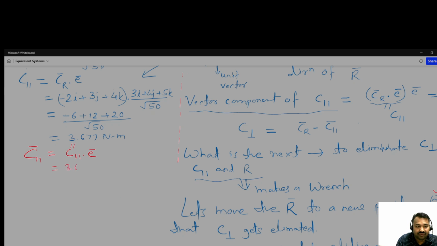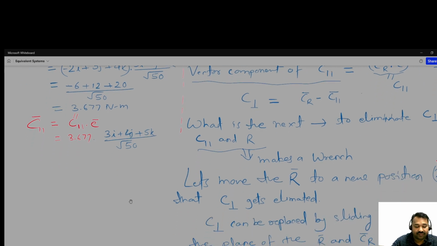So 3.677, and again the unit vector we need to write here. So (3i + 4j + 5k) divided by 50, in this way. Now what is the next?